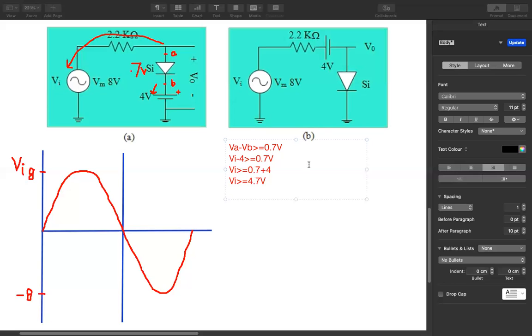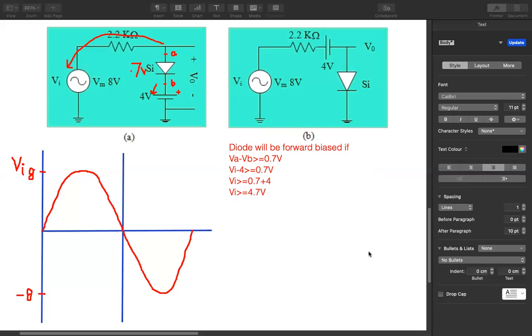Now, this is our condition for the diode to be forward biased. Diode will be forward biased if these conditions are satisfied.